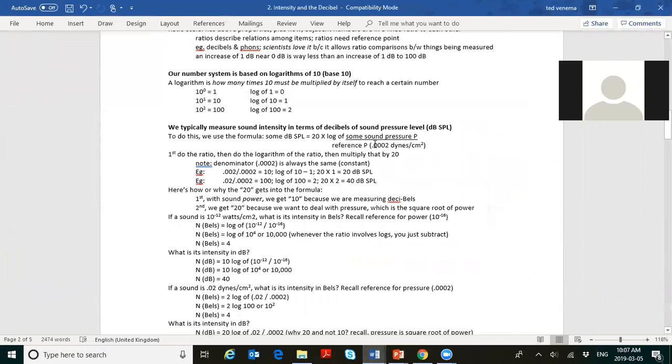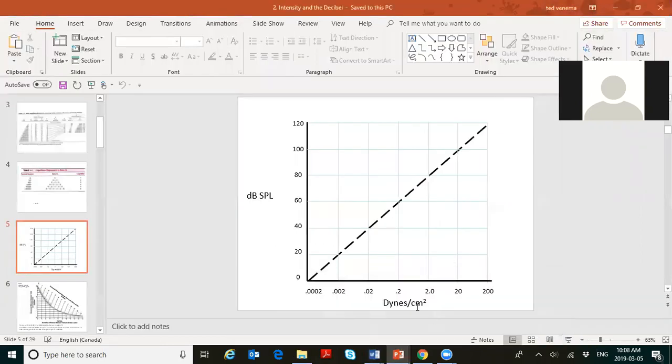And if you did the math, you'd end up with the number 10. Now, how many times does 10 have to be multiplied by 10 to equal 10? 1. 10 times 1 is 10. Okay, so the logarithm of 10 is 1. And what's 20 times 1? 20. So go back to the picture here. 0.002 dynes per centimeter squared corresponds to 20.